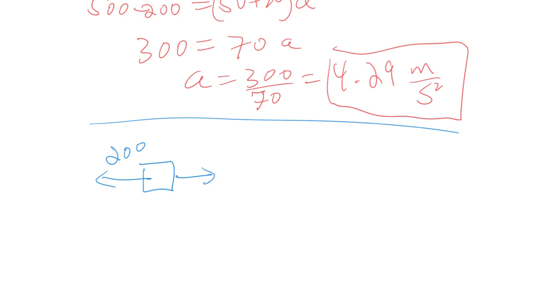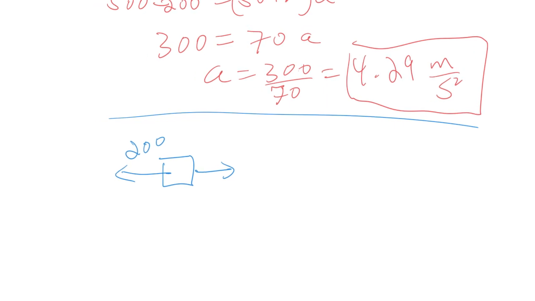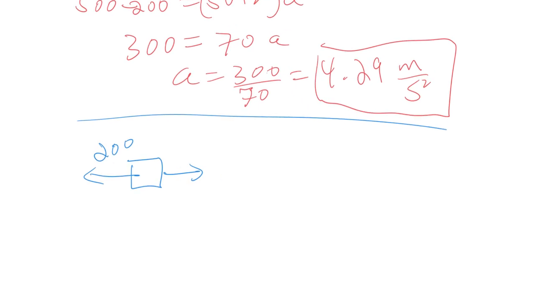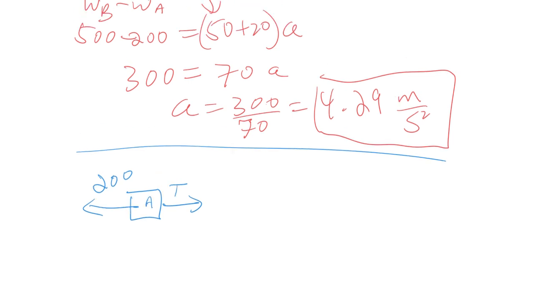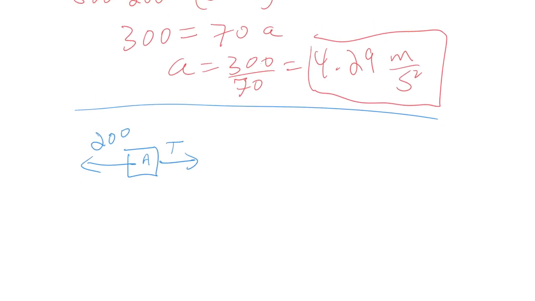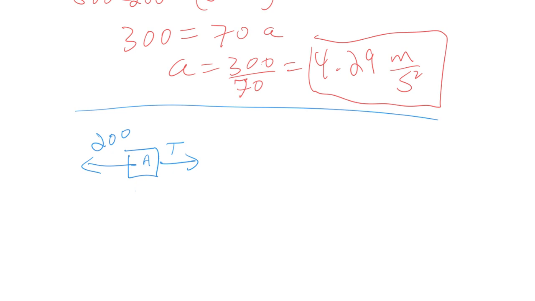Now notice I'm not putting negatives on weights because in dynamics we use our free body diagrams. We don't use negatives in the equations I'm using. Okay, this would be the tension. This is A.